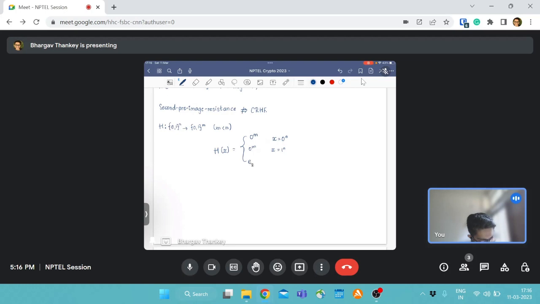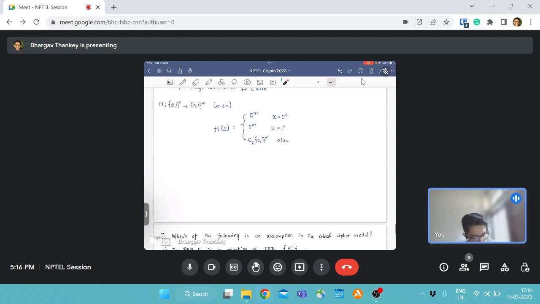Picked uniformly at random from {0,1}^n otherwise. So H(x) is almost an ideal hash function, except that for these two strings, 0^n and 1^n, it's 0^n.